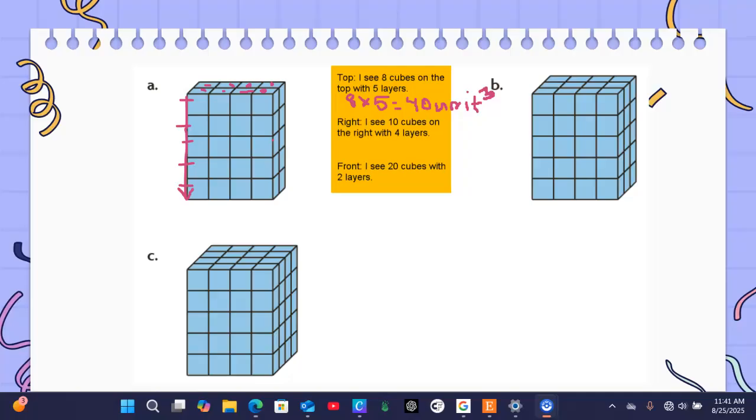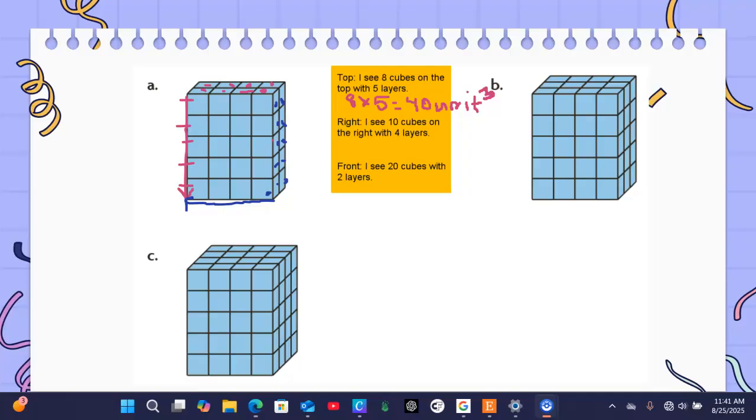Now we're going to go to our right. I'm going to go ahead and change my color. We have 1, 2, 3, 4, 5, 6, 7, 8, 9, 10. So if we're starting at our right, guess what? We have to go to our left. How many times will we jump from the right to the left?